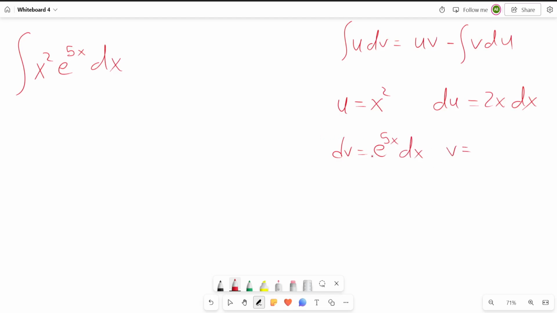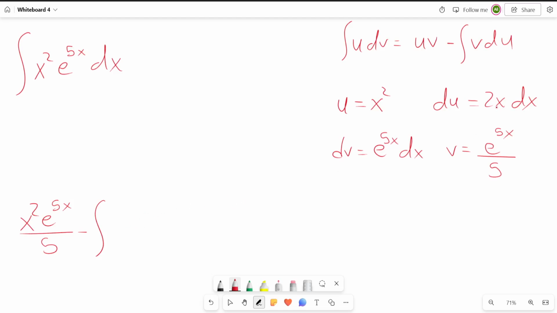That makes my v the integration of this. So integration of e to the power of 5x is basically e to the power of 5x over the differentiation of what's over here. So differentiation of that is 5. That gives me my v. Let's start using the equation. So it's going to be uv, which is x squared e to the power of 5x over 5 minus integration of v du.